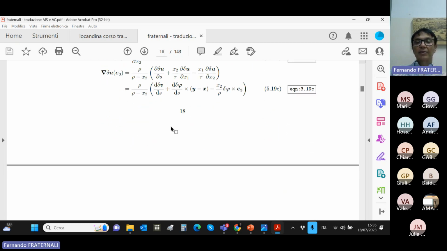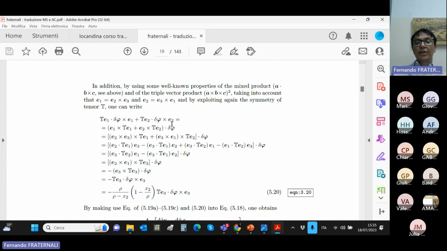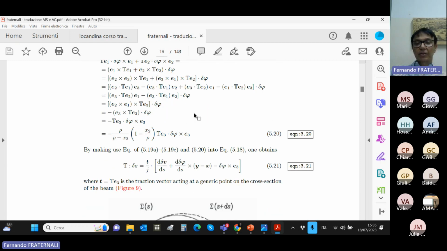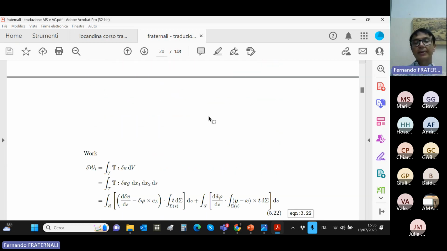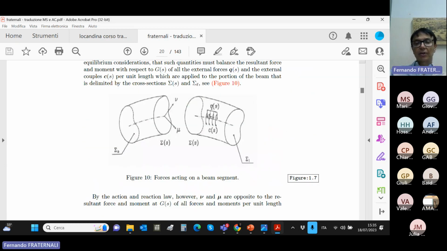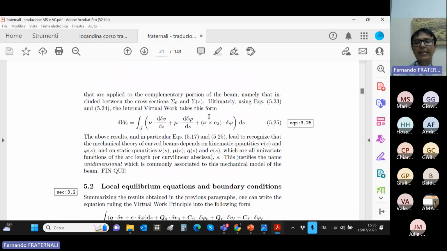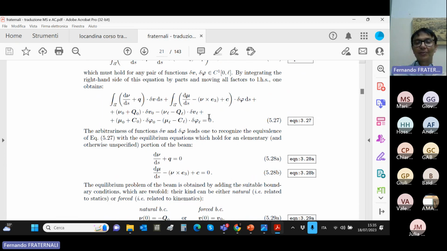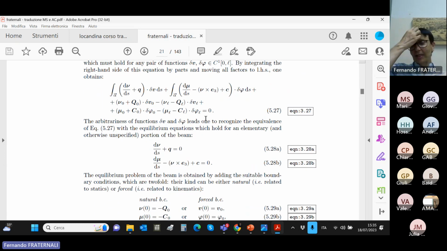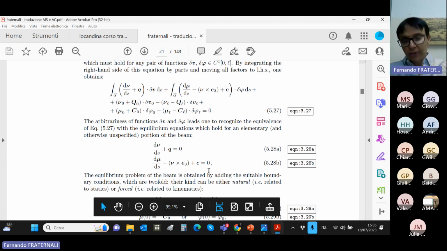We have expanded this product using the expression of the infinitesimal strain vector and the gradient of u that we have seen before. So in the end, the equations that Antonio presented yesterday are not very different. Through this machinery, we obtain the differential equations that you can demonstrate going through the notes.